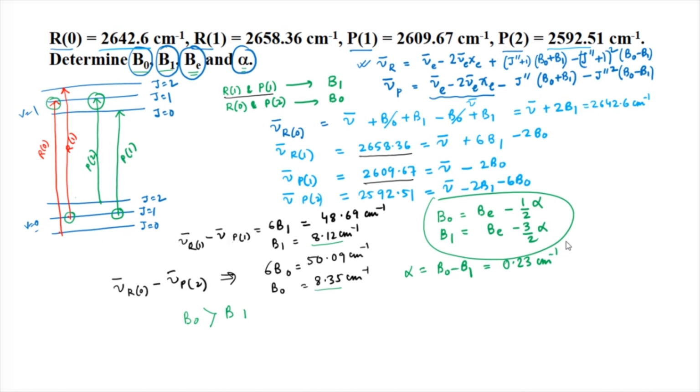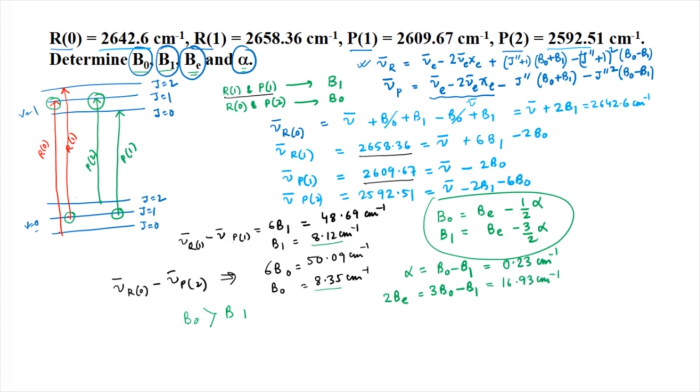So, this is a small positive number, and what we get is 2 B e equals 3 B 0 minus B 1. So, that is 16.93 wave numbers.